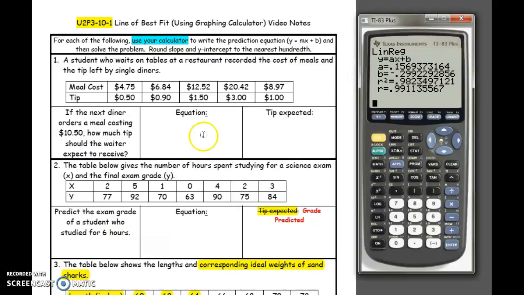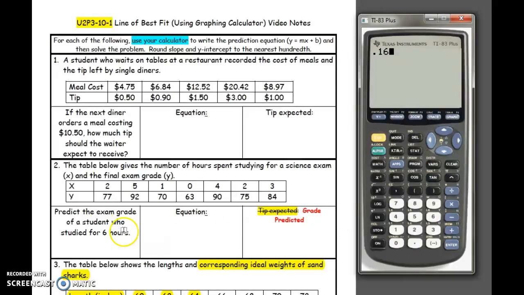In this box you're going to write the equation for the line of best fit, rounded to the nearest hundredths, and in this box you're going to calculate the tip expected. So our equation, rounded to the nearest hundredth, leaving out the y, is 0.16x, where 0.16 is our slope.